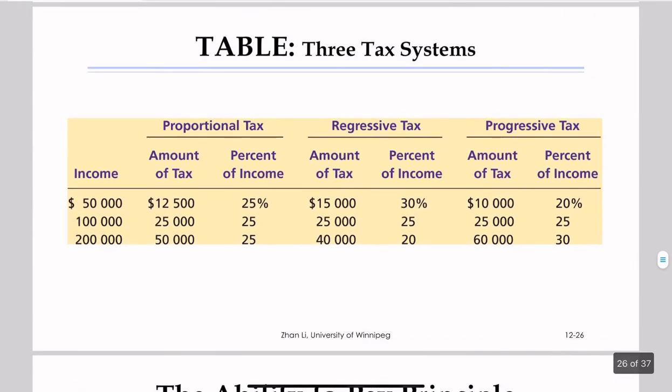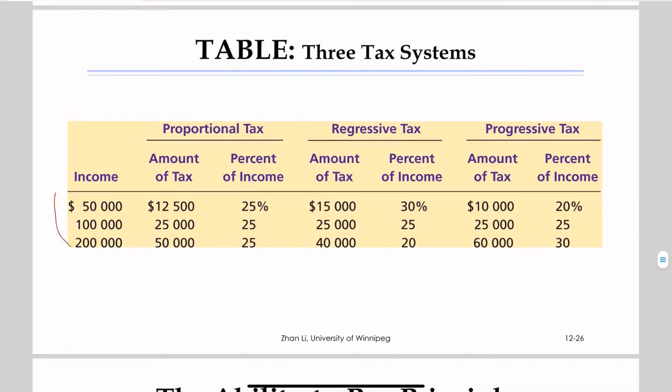Okay, now let's look at these three tax systems. Here we have different levels of income, from $50,000 per year to $200,000 per year. And you can see that we have three different kinds of tax systems, three different designs.